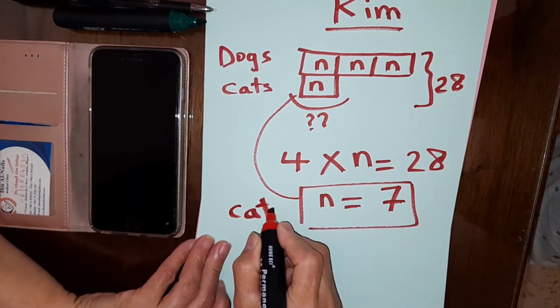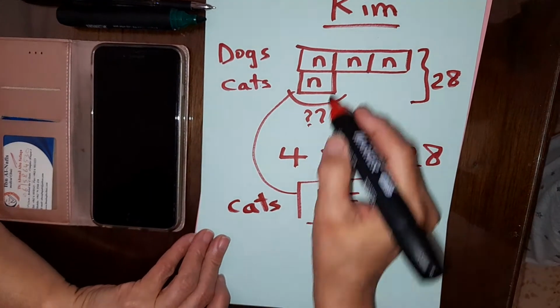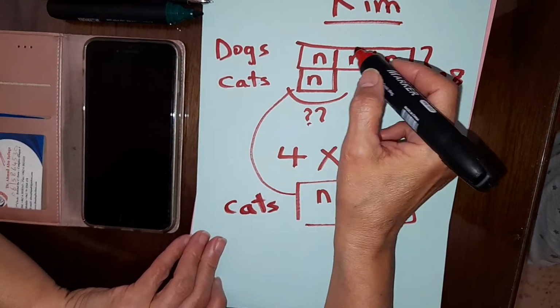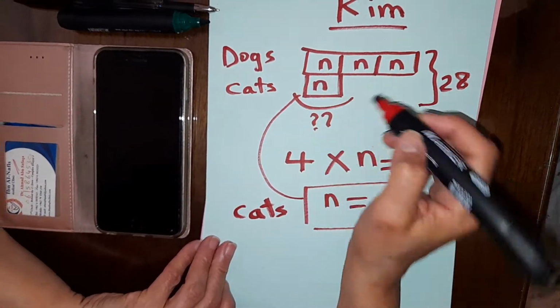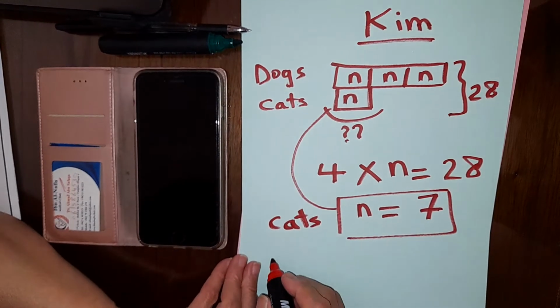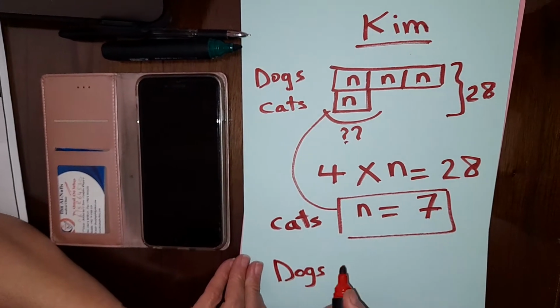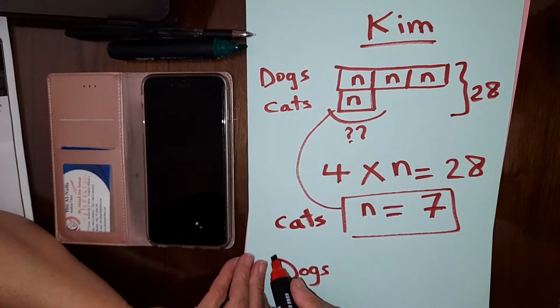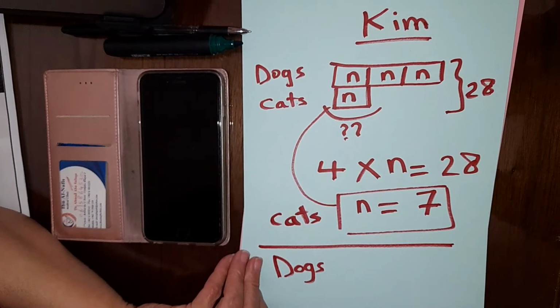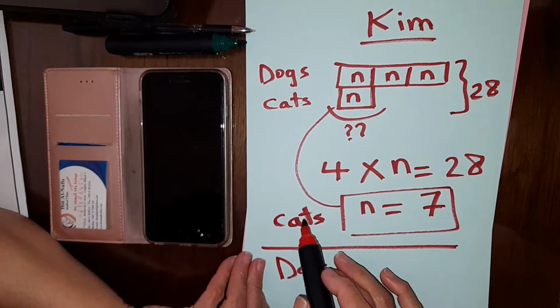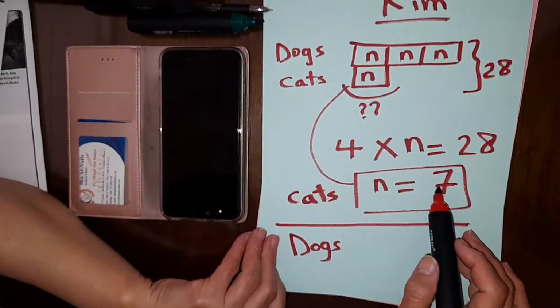She has 7 cats. The dogs are 3 times as much as the cats. So to find how many dogs, what should I do? This is an extra answer. They only want how many cats she trained. She trained only 7 cats.